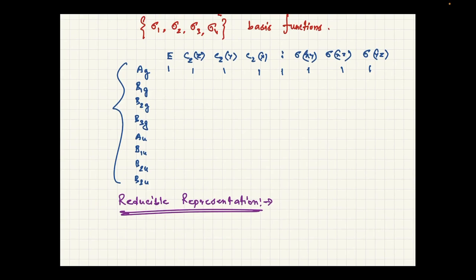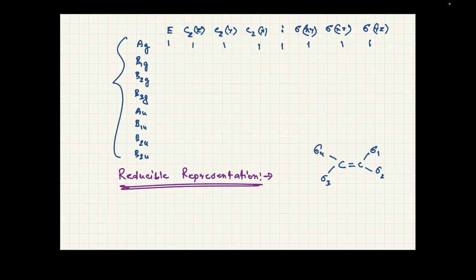So here, to find the reducible representation, if you draw this C double bond C, sigma 1, sigma 2, sigma 3, sigma 4, right?